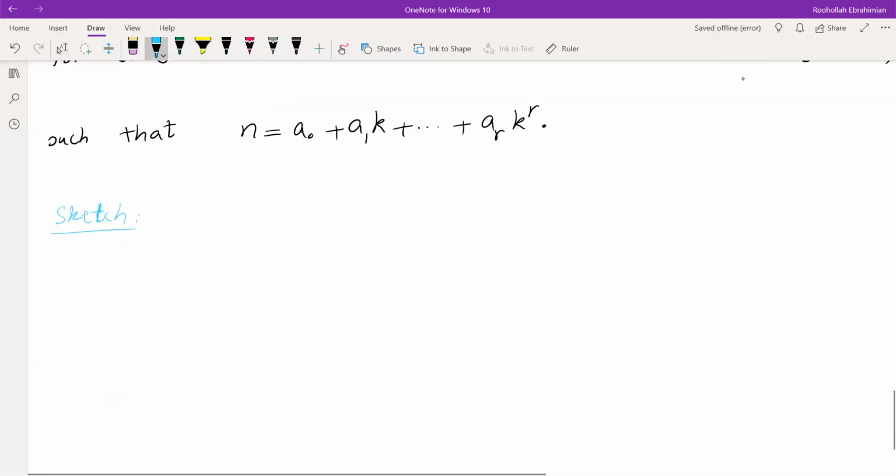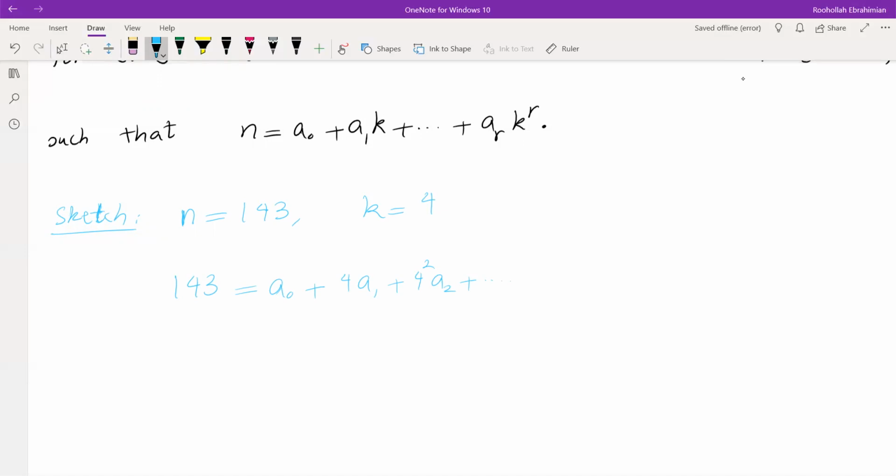So imagine if I want to write down n in some base. So let's just look at 143 and let's say k equals 4. So I want to write down 143 as a0 plus 4a1 plus 4 squared a2 plus a bunch of other things potentially. So I want to understand what these a0, a1, a2, and so on must be.